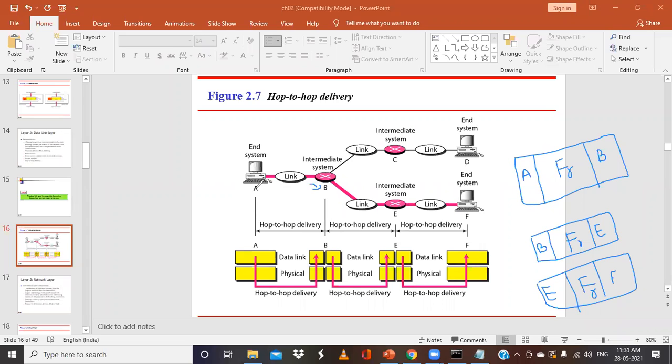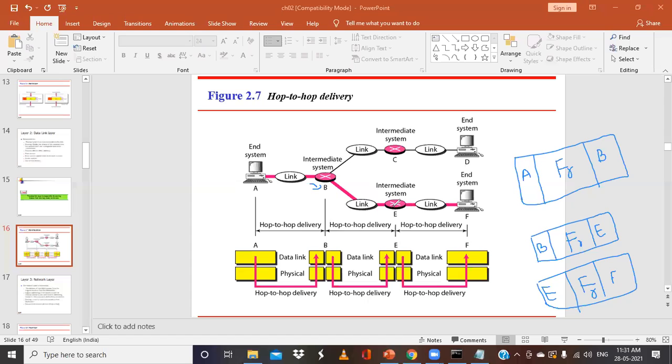It will come from A, go to the data link layer and physical layer. Then again it will go to the physical layer of this device, that is B. From there it will go to the data link layer, and then it will choose the path, whether to send to C or to E. So it will choose E. The moment it chooses E, these two will be affected.